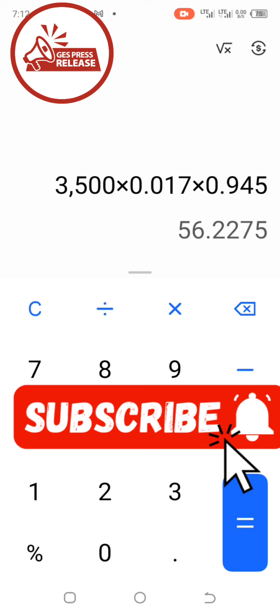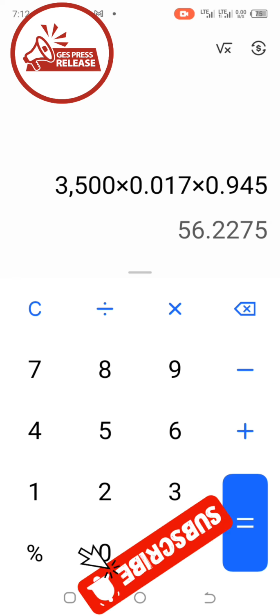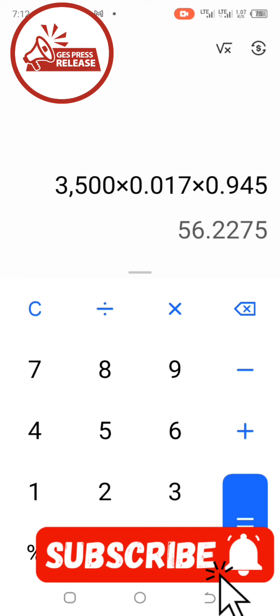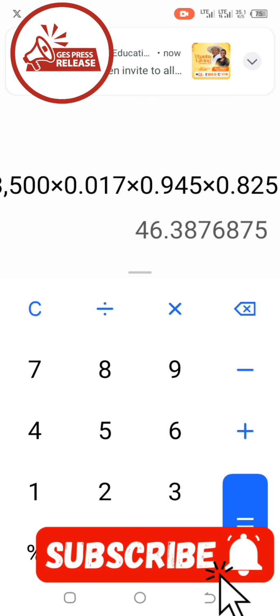Now let's subtract tax as well. Kindly remember that this increase will definitely fall in the tax bracket of 17.5%. So if you take 17.5% from 100%, we will get 82.5%. So the 82.5% is going to be times 0.825.